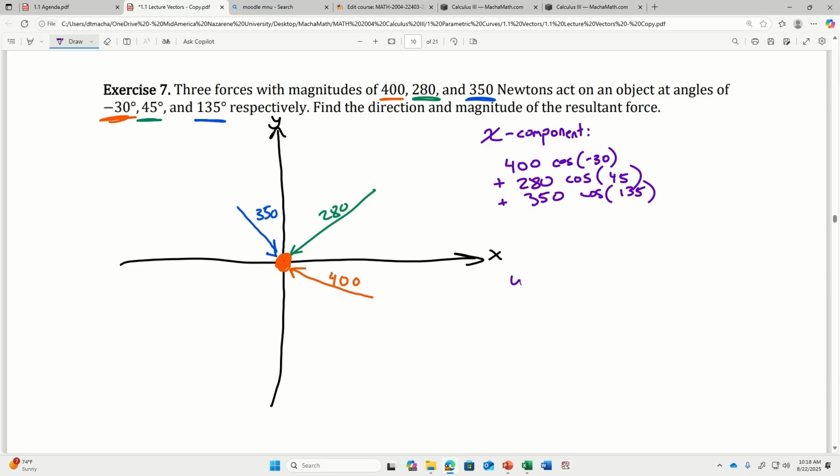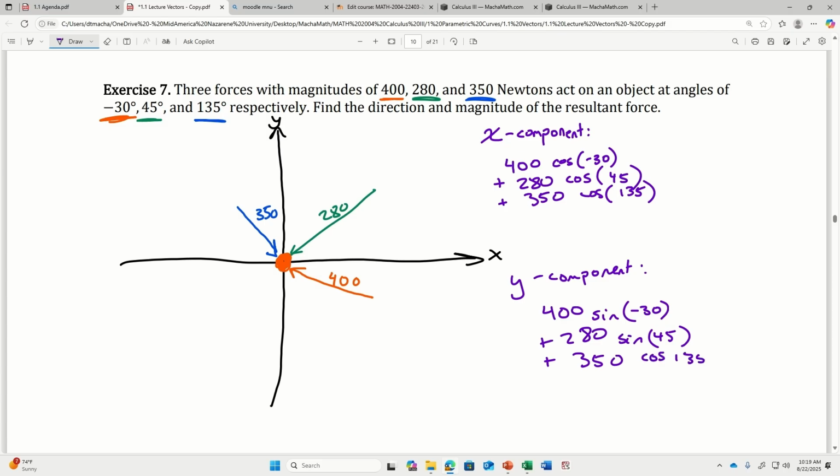And then you think about the y component. The y component is going to be 400 times what? Sine of negative 30 plus 280 times sine of 45 plus 350 times cosine of 135.